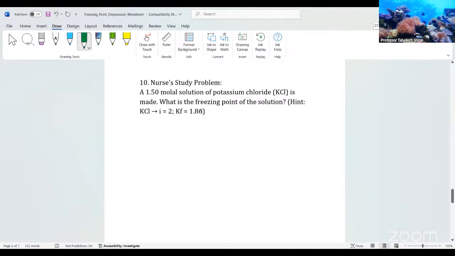And the freezing point constant is 1.86 degrees Celsius per molality. Now, when you see the word molal solution, that just simply means M, okay? That's what that means. And since you are looking for the freezing point of the solution, we have to establish what formula we're going to use. It's the one that we talked about at the very beginning of this lesson.